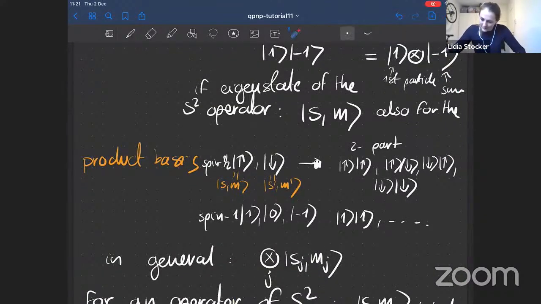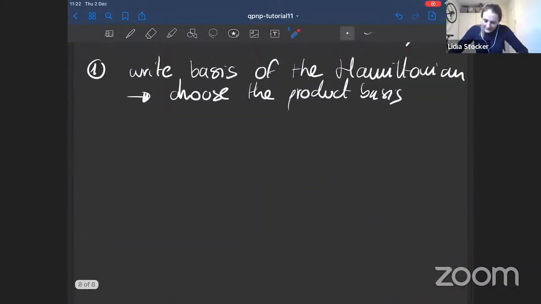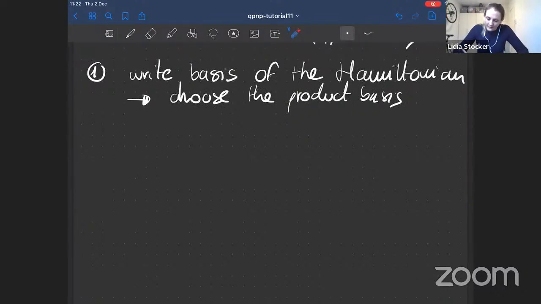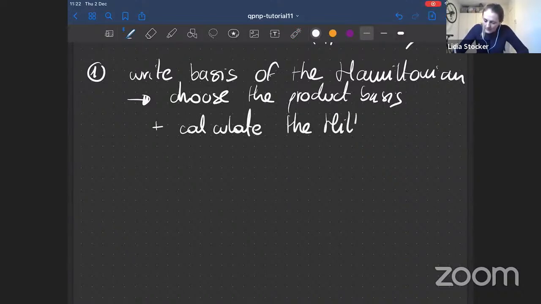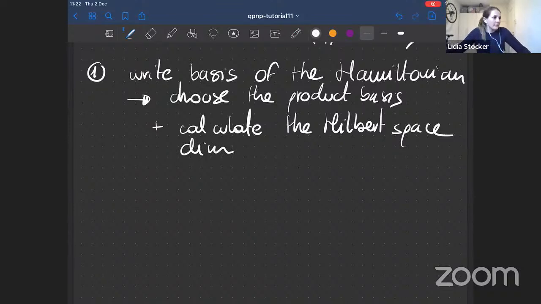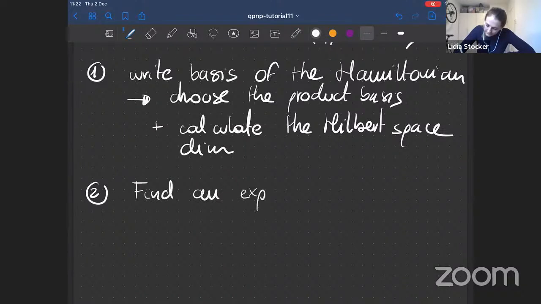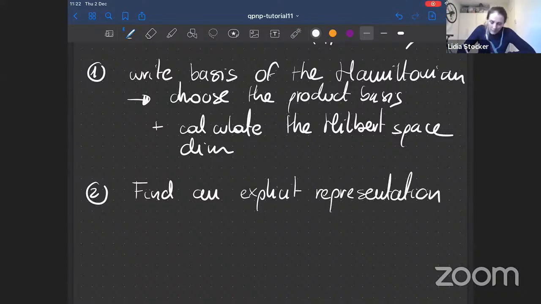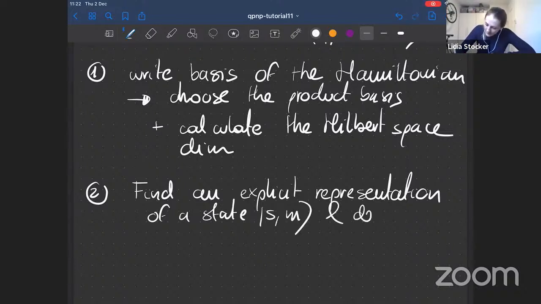Okay, this is the product basis we saw here. Afterwards, calculate the Hilbert space dimension, which is just the number of states you have. Then the second step is to find an explicit representation of a state SM and determine.